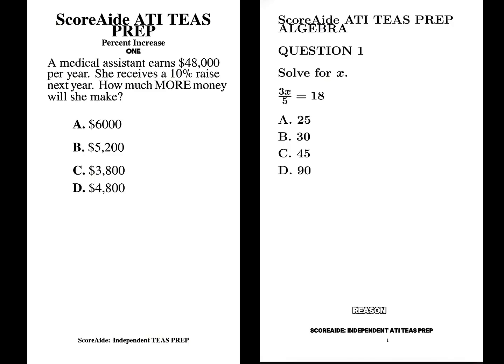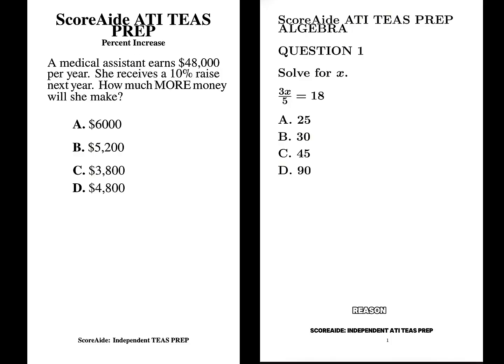Let's look at this one. Percent increase. A medical assistant earns $48,000 per year. She receives a 10% raise next year. How much more money will she make? We need to look for the actual increase.